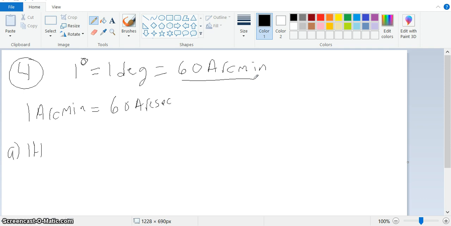All right. And then 1 arc minute, so when you get down to one of those, if this is 1 degree, and you can't really draw this very well, you break this up into 60 equal chunks, and so that 1/60th of a degree is an arc minute.